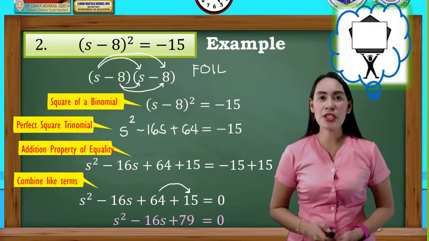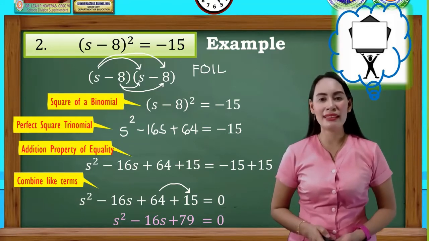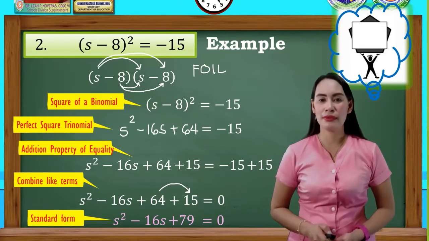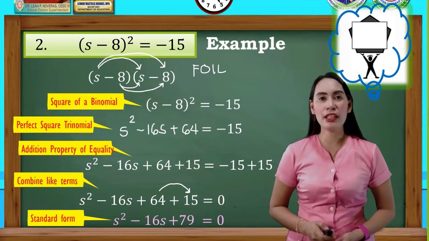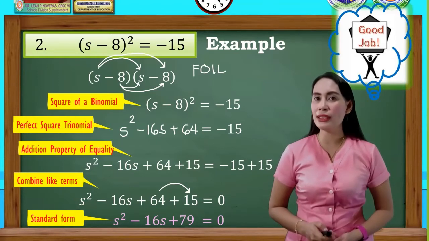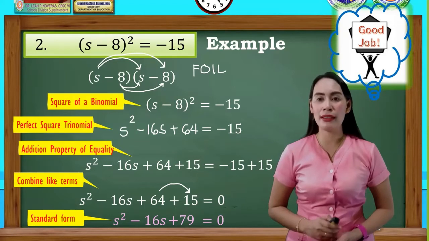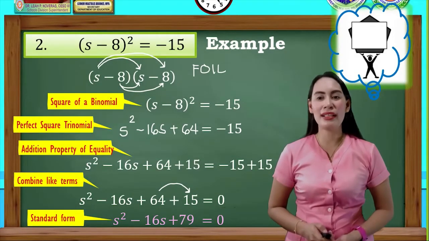So, the equation becomes s squared minus 16s plus 79 equals 0. Hence, the standard form of the quantity of s minus 8 squared equals negative 15 is s squared minus 16s plus 79 equals 0.